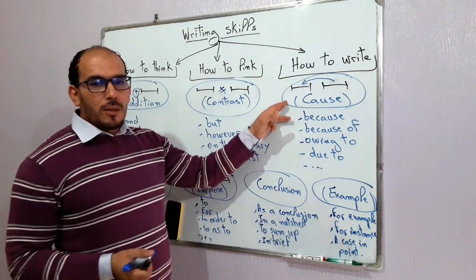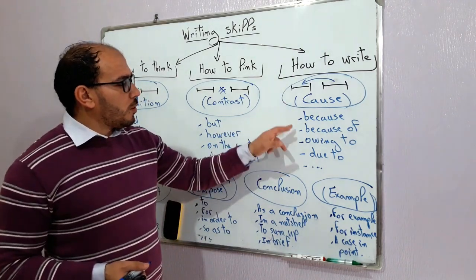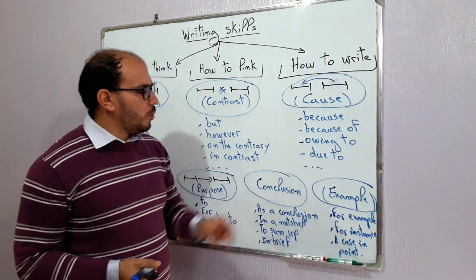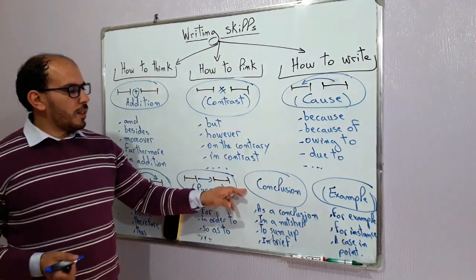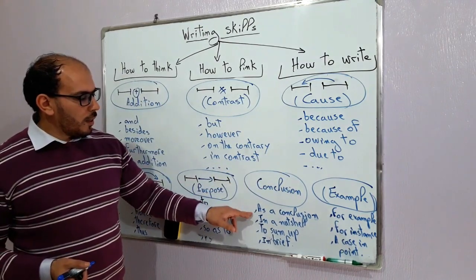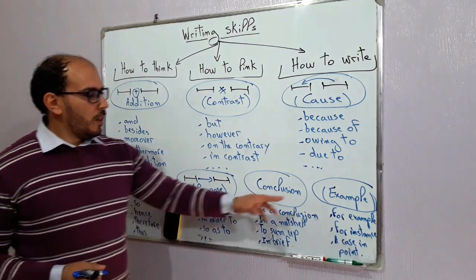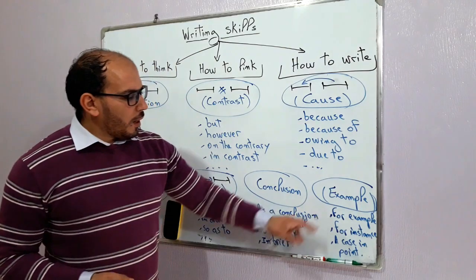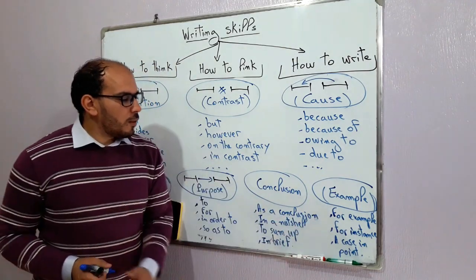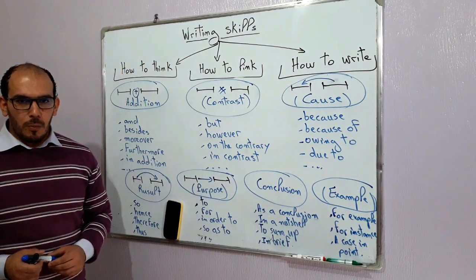If I want to express the cause, we have because of, owing to, due to. If I want to express the conclusion, as a conclusion, in a nutshell, to sum up, in brief. For the example, we say, for example, for instance, or a case in point.